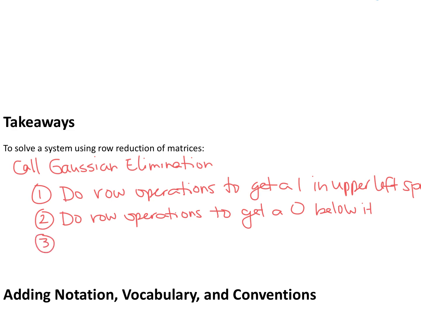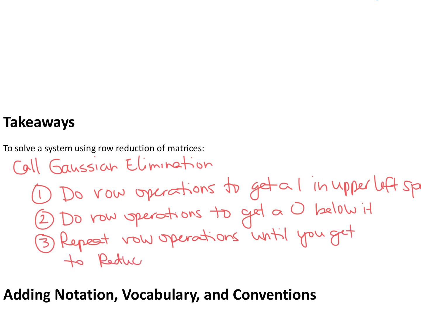So I'm going to say repeat row operations until you get to reduced row echelon form, which reveals the answer, right?